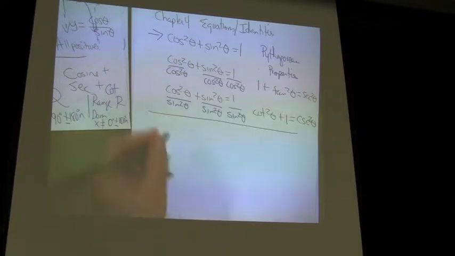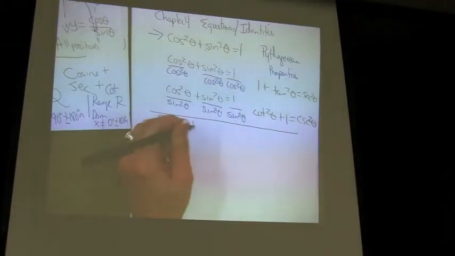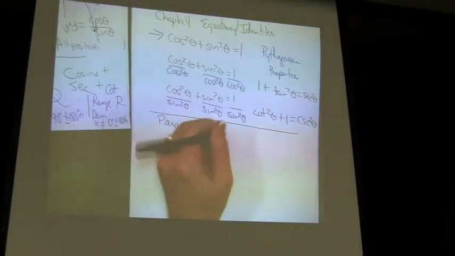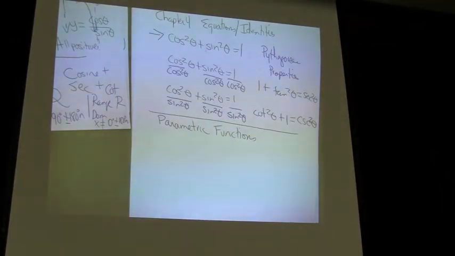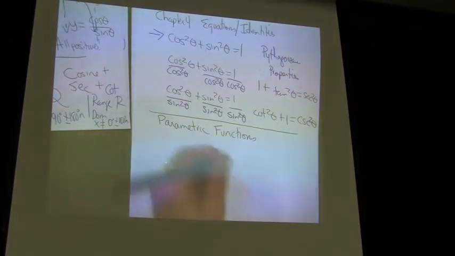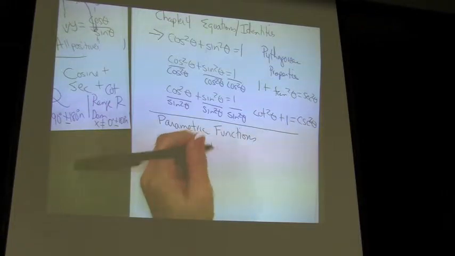This is also the chapter that we had the parametric functions. And that was where you had this neat moment where you graphed, was it x and y? Yeah, it was x and y.